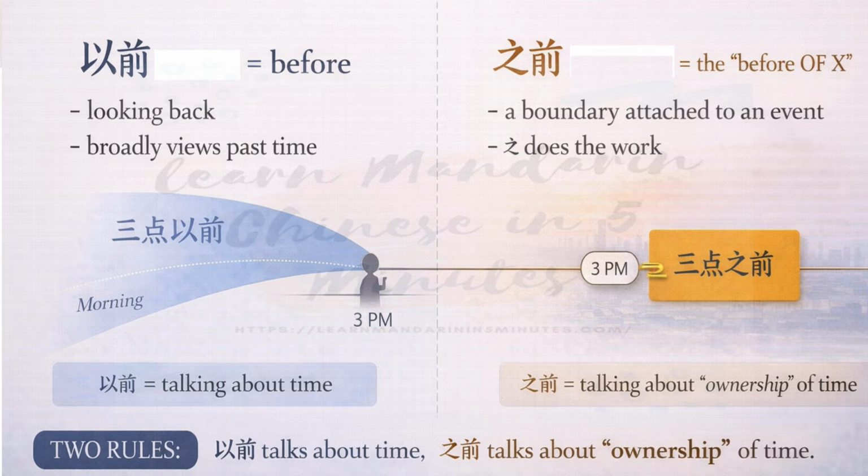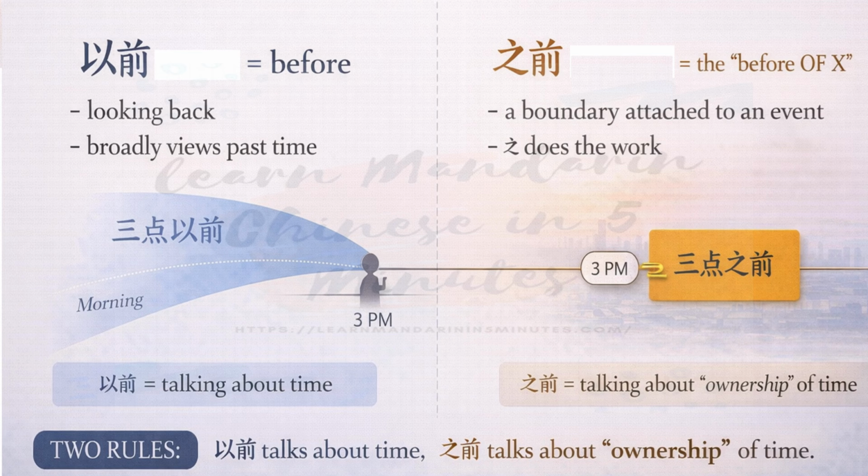Think of a meeting at 3 p.m. 3点以前 is like standing at 3 o'clock and looking back at the whole morning. That's scope. 3点之前 is like drawing a box labeled the pre-meeting zone right on the timeline before 3 p.m. That zone is defined by and belongs to the event 3 p.m.